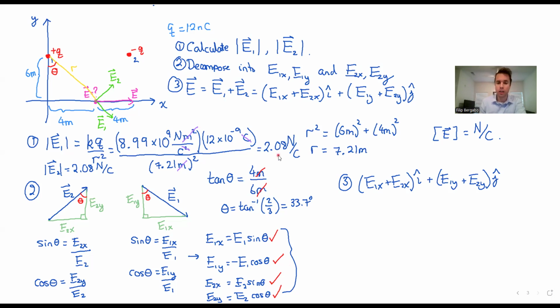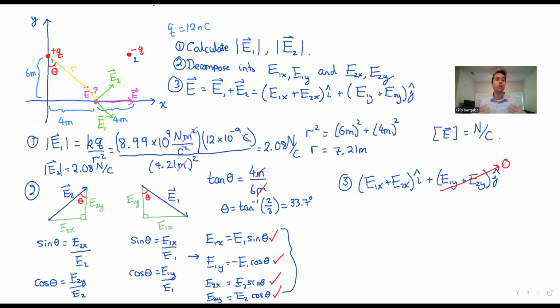Keeping in mind that E1 and E2, their magnitudes are the same. So look at these two y components. This one has electric field magnitude times cosine theta. So does this one here on the bottom. But this one has this minus sign. So these vertical components are going to cancel. That means this term is 0.